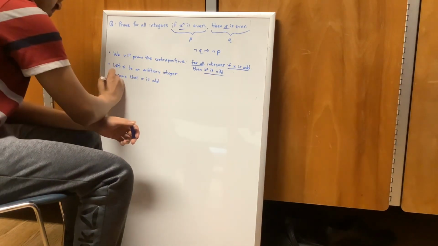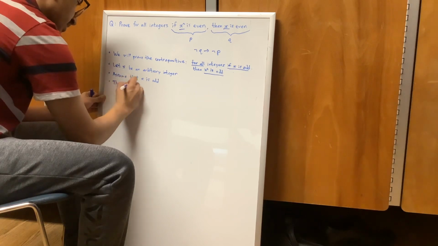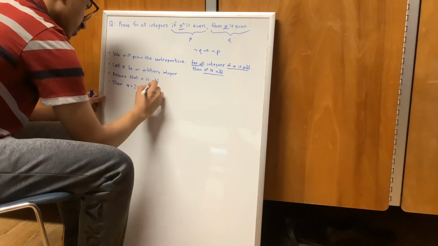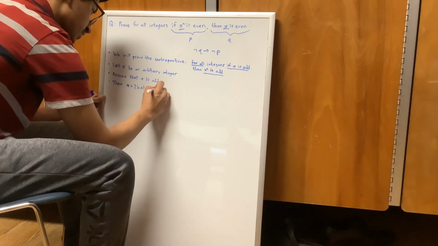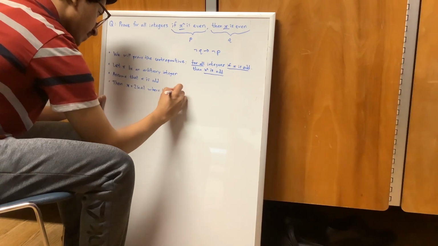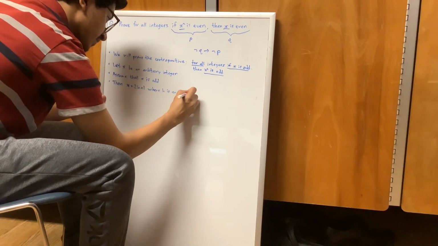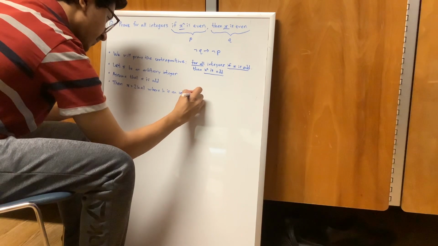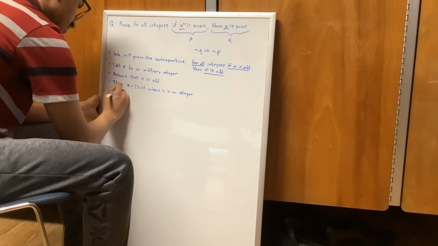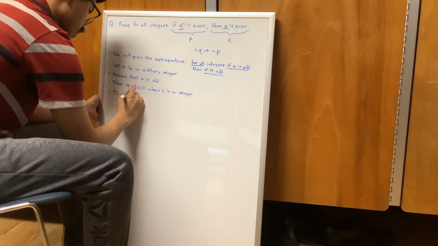So if x is odd, we can write x as 2k plus 1, where k is an integer. And then we can solve for x squared by substituting in 2k plus 1.